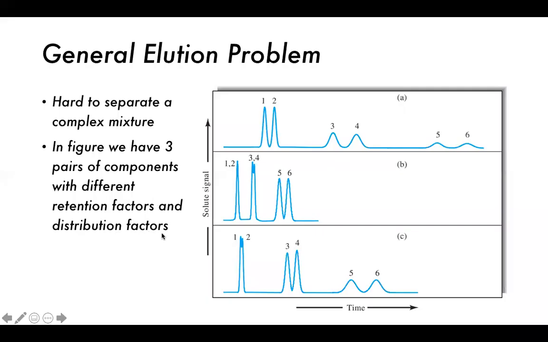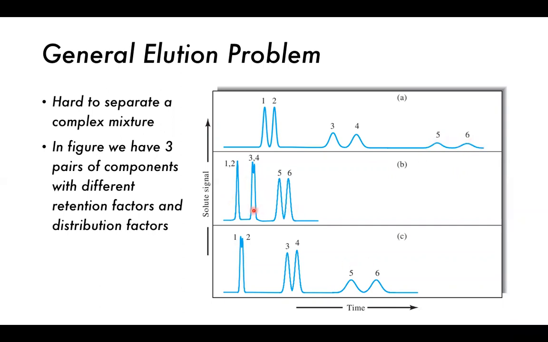So overall, we see that there is, at least with these components, a great difficulty in resolving them effectively, because in A, 1 and 2 are well resolved, but 3 and 4 and 5 and 6 are not well resolved at all. 3 and 4 we can deal with, but 5 and 6 have very poor signal, and so they could not be defined unambiguously, because it's very shallow and their intensity is very low.